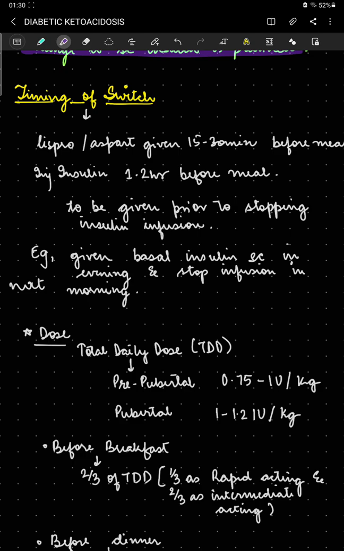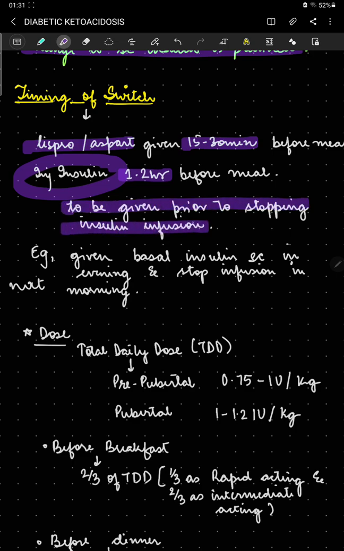Now, first of all, it depends upon the time duration before you're giving, right? So Lispro and Aspart are very rapidly acting insulins. These have to be given 15 to 30 minutes before the meals. Regular insulin has to be given 1 to 2 hours before the meals, and these subcutaneous insulin injections before transition should be given prior to stopping the insulin infusion.